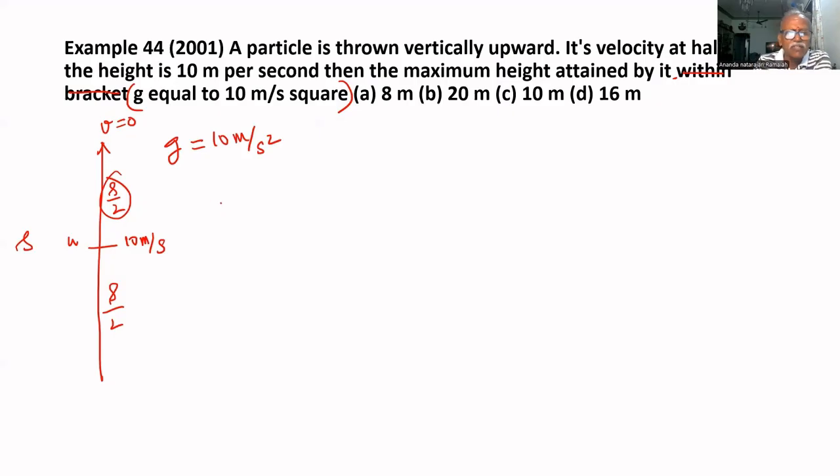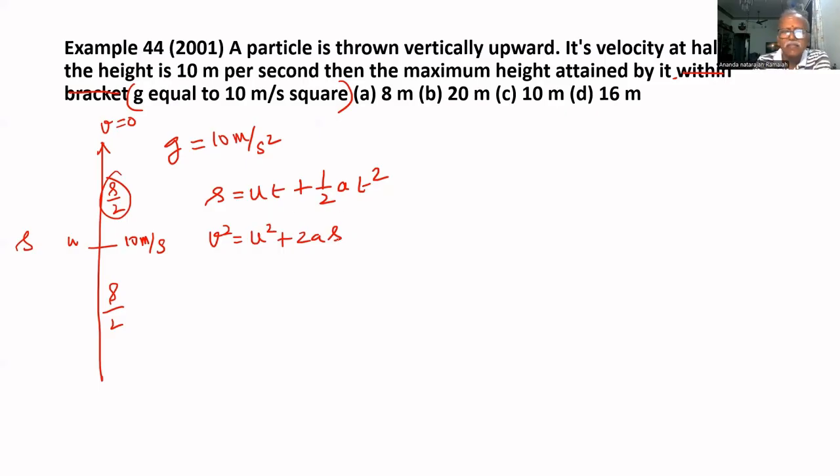We could put s equals ut plus half a t square, but time is not given, so that is not possible. So we can use v square equals u square plus 2as. Then we can find what is asked.